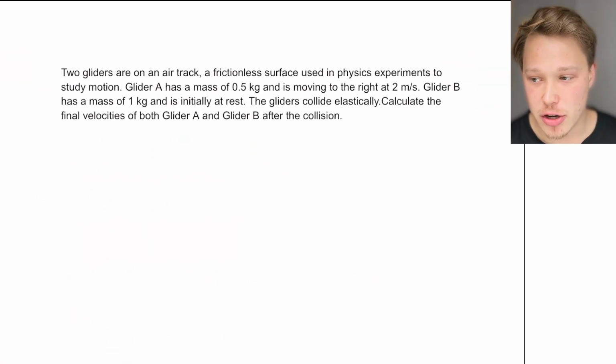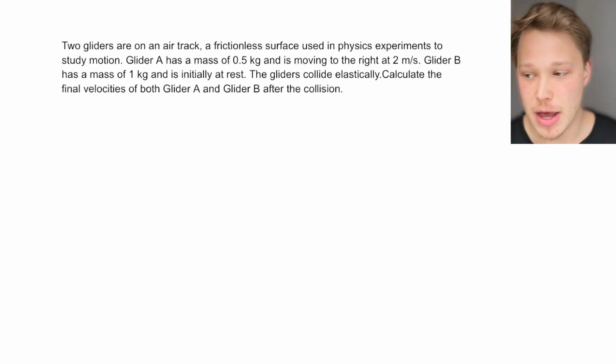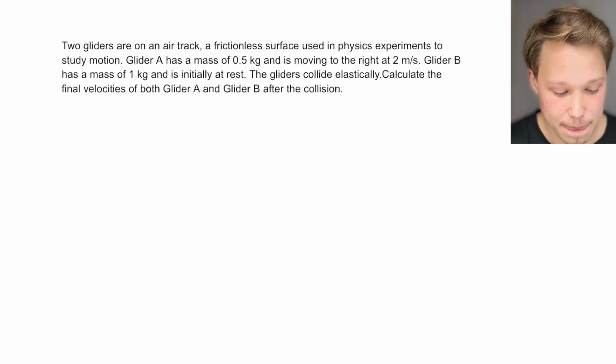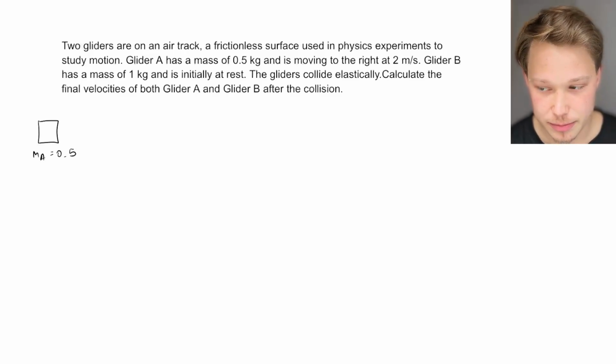Here we have two gliders on an air track, which is a frictionless surface used in physics experiments to study motion. Glider A has a mass of 0.5 kilograms and is moving to the right with a speed of 2 meters per second.